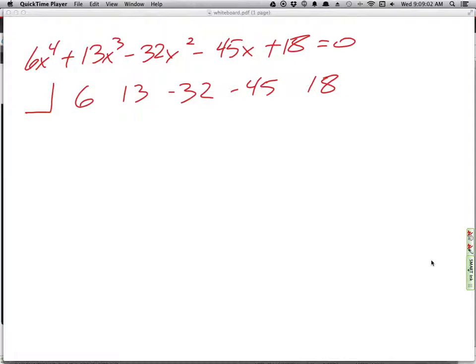What are my possibilities on 18? 1, 2, 3, 6, 9, 18. Then over here on the 6, we're dealing with 1, 2, 3, and 6. But again, we're just going to be looking at the top. We should be able to get enough answers from the top.